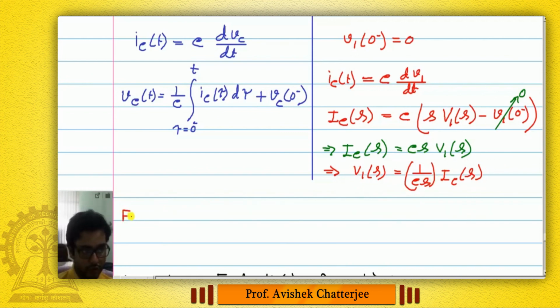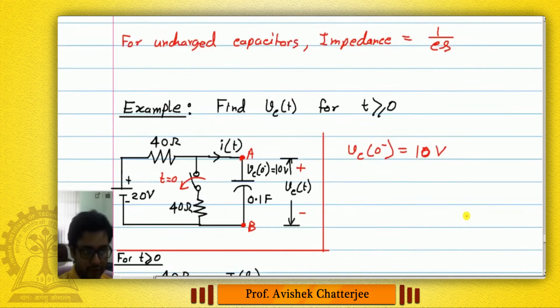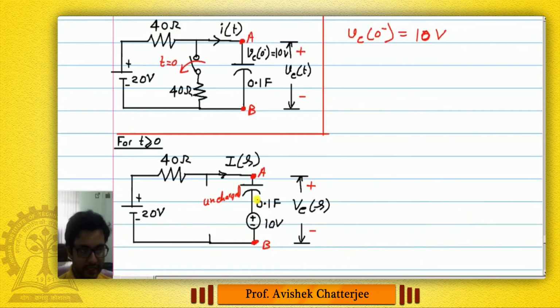So for uncharged capacitors, impedance is equal to 1 by CS. Now in this circuit I will put the impedance of this capacitor, 1 by 0.1 S.